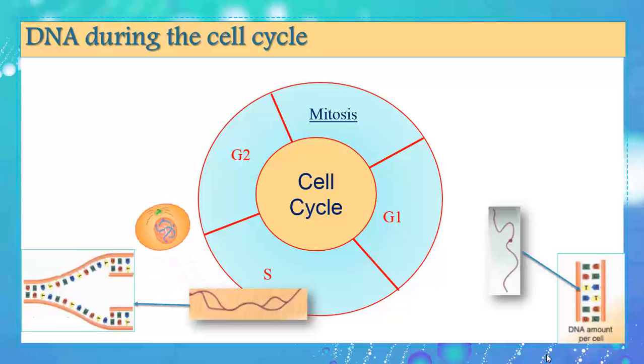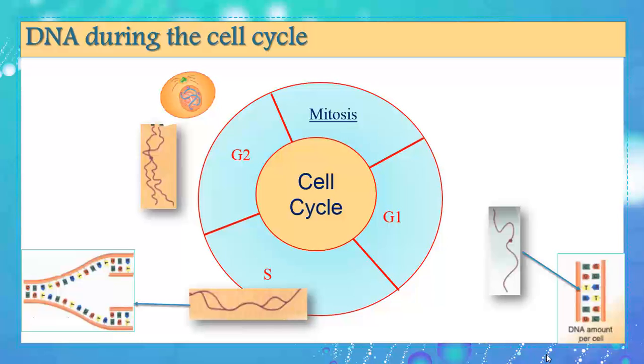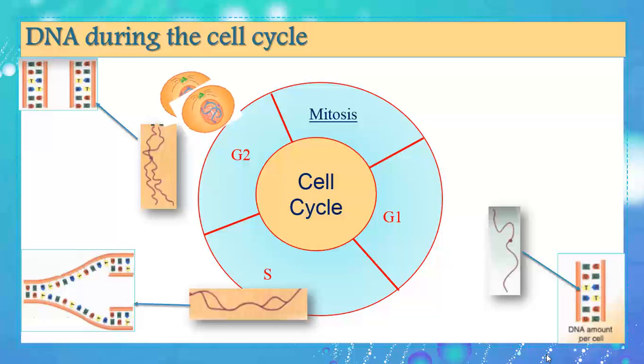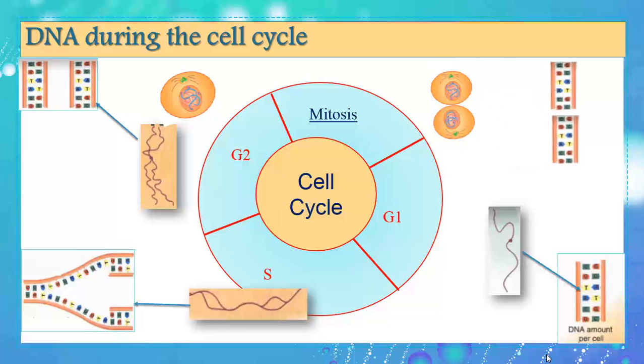As a result, and after S phase, this cell will contain decondensed chromosomes with two chromatids, which refers to two DNA molecules. Now finally, when passing through mitosis, the cell will give two daughter cells, each having one copy of the DNA molecule, which refers to one chromatid per one chromosome.